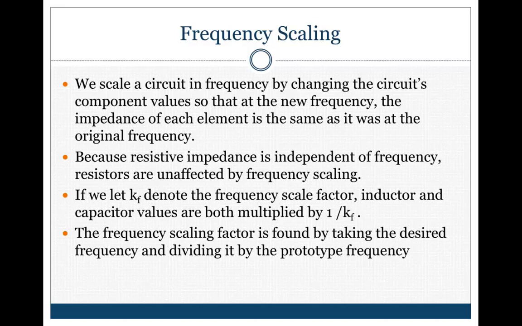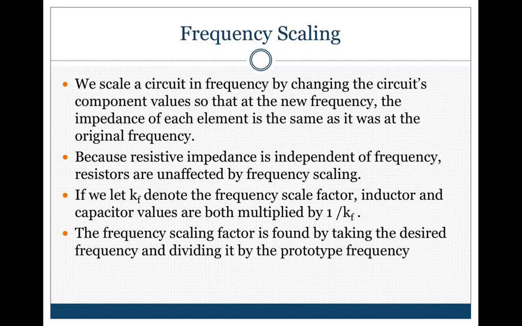Now, frequency scaling: we scale a change in frequency by changing the circuit's component values so that at the new frequency, the impedance of each element is the same as what it was at the original frequency. Because resistive impedance is independent of frequency, resistors are not affected by frequency scaling. If we let K subscript F denote the frequency scale factor, inductors and capacitors are both multiplied by 1 over Kf.